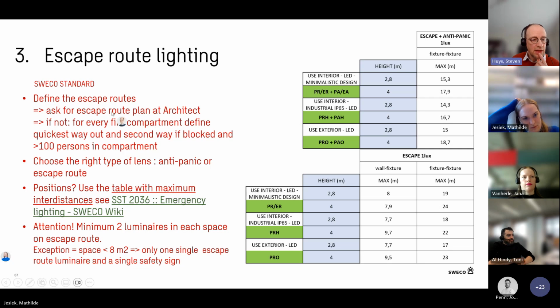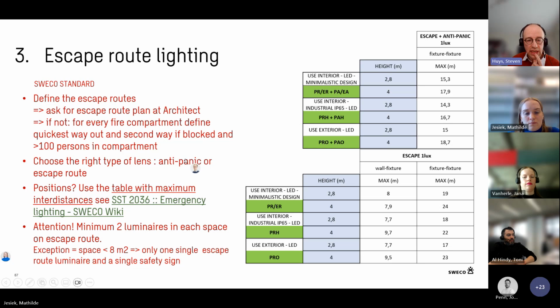And again, first of all, ask the architect. It's a bit the same as what is stated in this page. You have the choice of the right lens. You could use the escape route or the anti-panic one. If you have a long corridor, it's of course better to use the escape route lens.